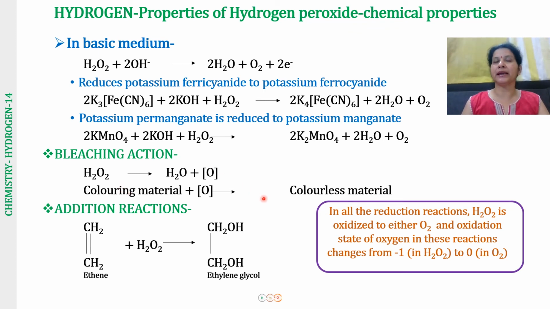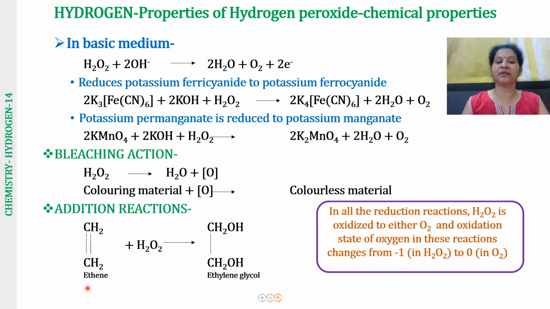This is a property that we use for the bleaching of clothes, silk, and wool, and very importantly, which interests the girls the maximum, they can bleach their hair with H2O2, and that is going to look like golden streaks. I hope you will remember this. The bleaching action of hydrogen peroxide is because of the release of this nascent oxygen, which is going to combine with the coloring matter. Next are the addition reactions.